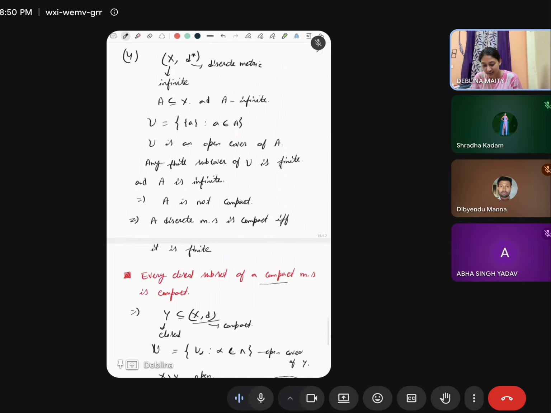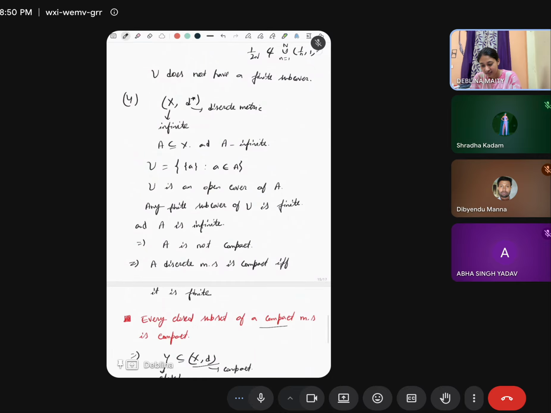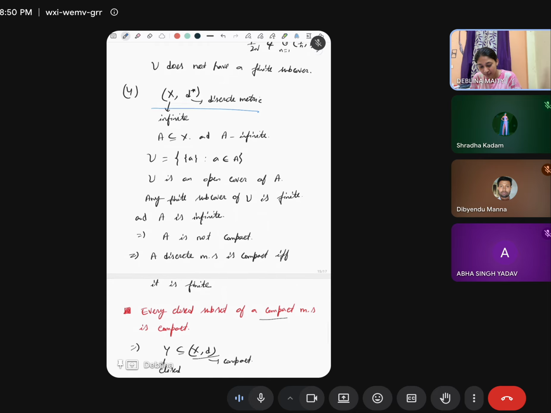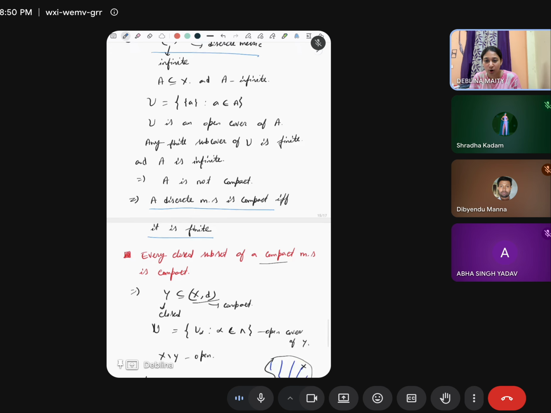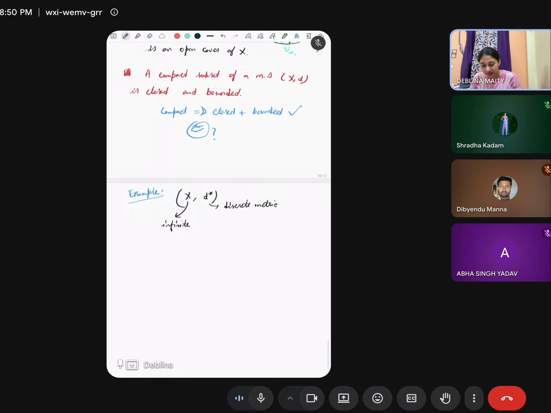We have already seen that a discrete metric space is compact if and only if it is finite. So an infinite discrete metric space is not compact. It is not compact, but it is closed and bounded. It is bounded because the distance between any 2 points is at most 1.